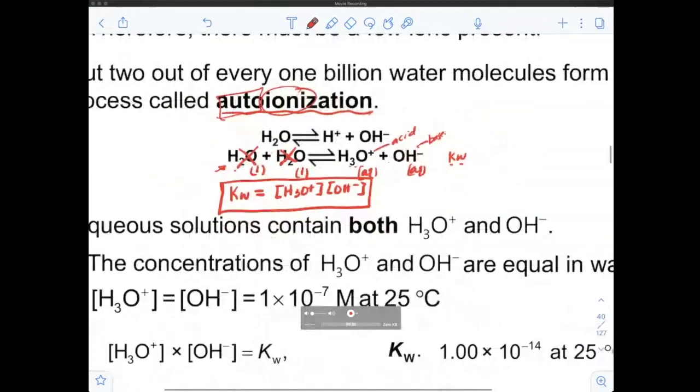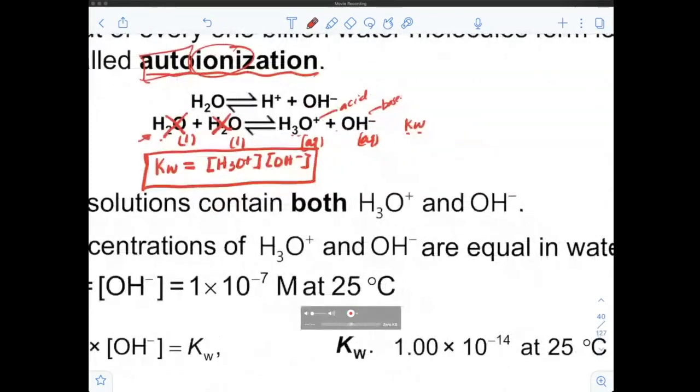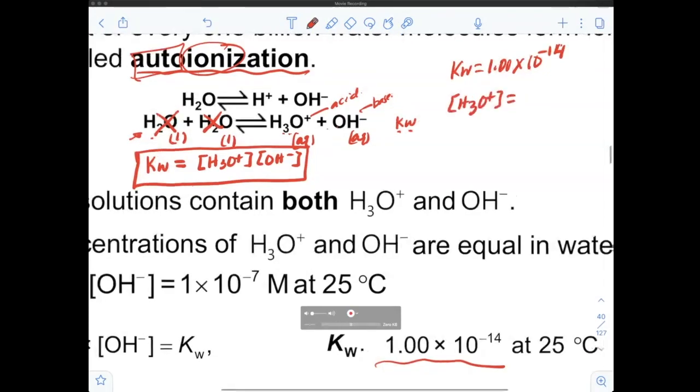Now from here, Kw actually has a specific value, which I'm showing you right now, as 1.00 times 10 to the power negative 14 at room temperature. Then we notice that in water, the concentration of hydronium ion equals the concentration of hydroxide ion.